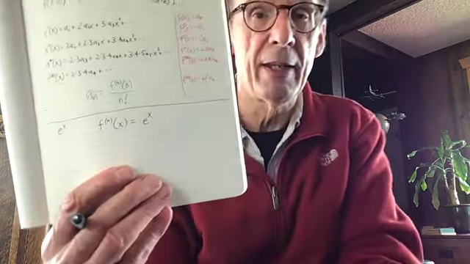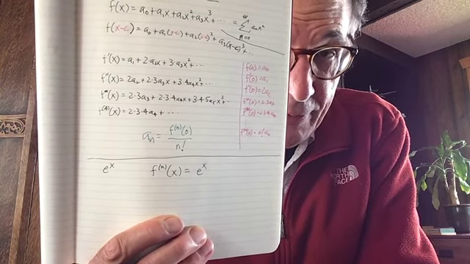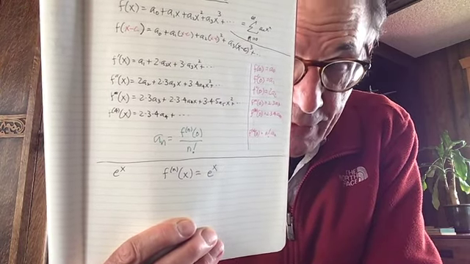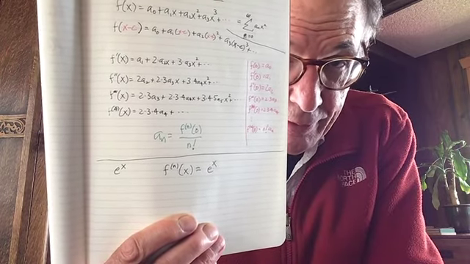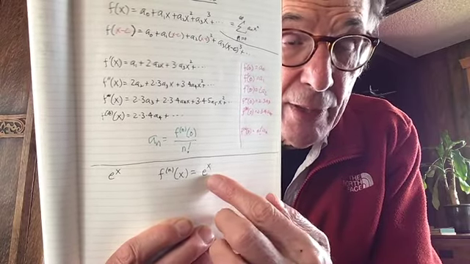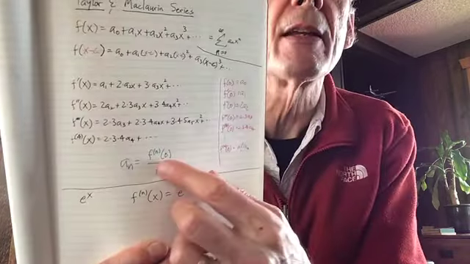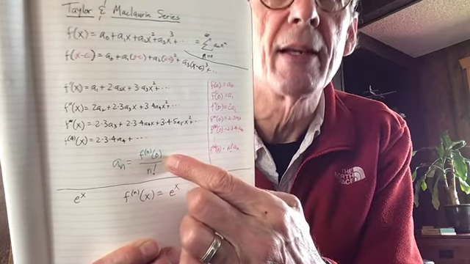The derivative of e to the x is e to the x, and the derivative of e to the x is e to the x, and you just keep going like that forever, much longer than this lockdown is going to last. And so when you evaluate that at 0, you get e to the 0. So all the tops of these are 1, and so you just get 1 over n factorial.